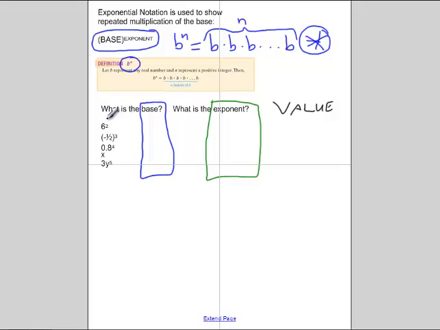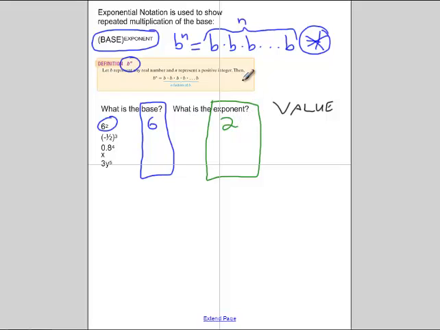Our first example here is 6 squared. So what's our base? Our base is 6, because if you take a look at the example of exponential notation, base to the exponent, b to the nth power, our b is the base. 6 is our base, and our exponent then has to be 2, because that's the number that we're taking that to.